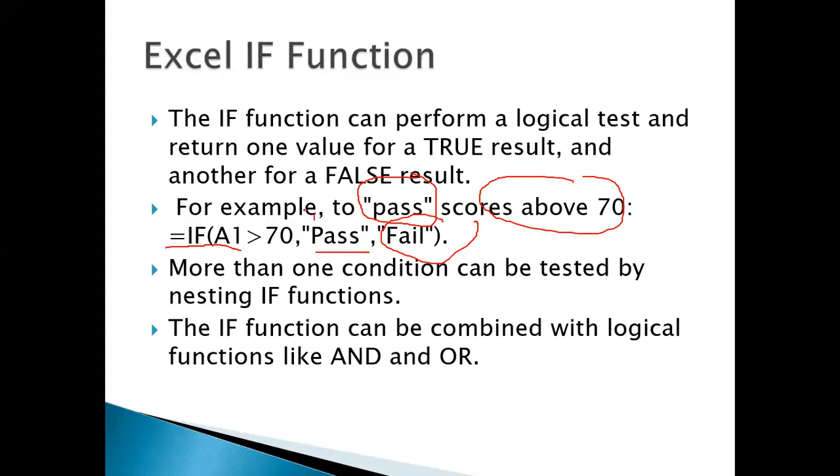This pass is written in double quotes. So this is the condition. This is the value if this is true. And then this is the value if this is false. So we'll get either in terms of true or in terms of false.